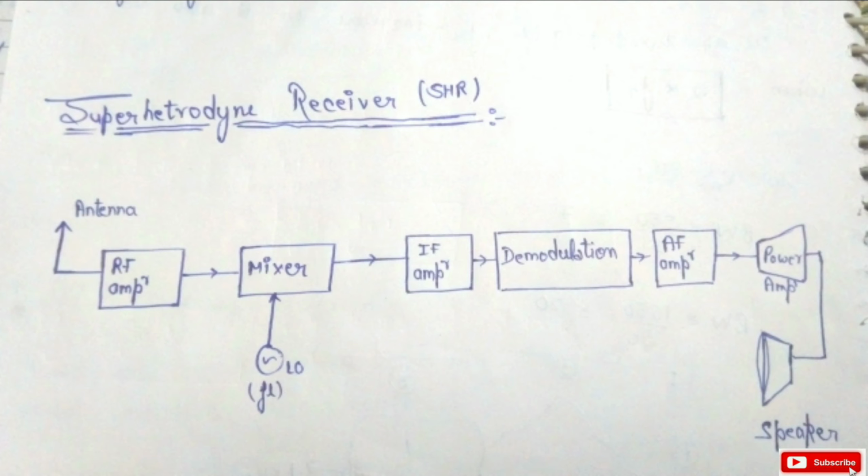The block diagram of the super heterodyne receiver is shown in the figure. The basic difference between the super heterodyne receiver and the tuned radio receiver is the mixer.